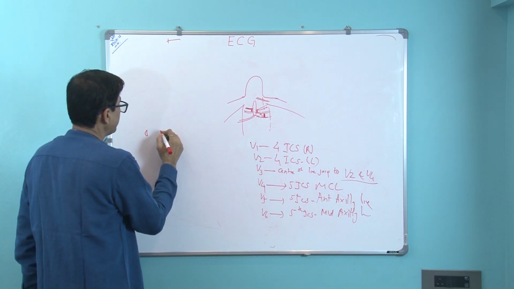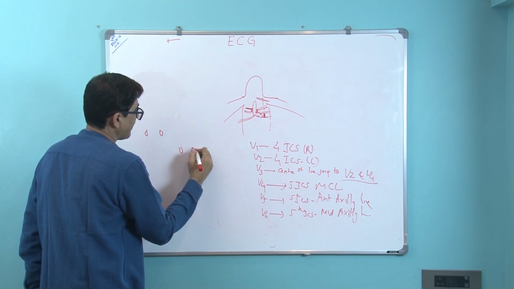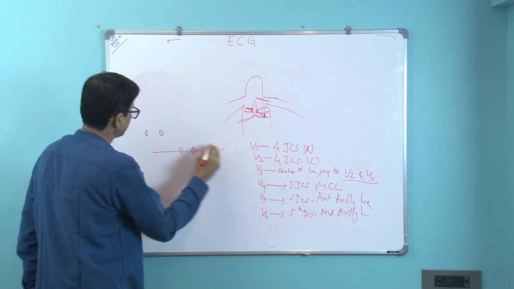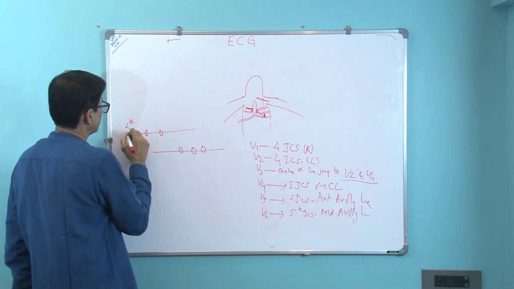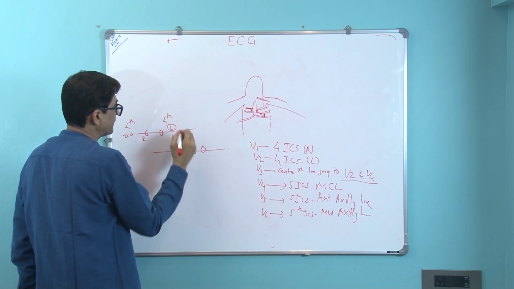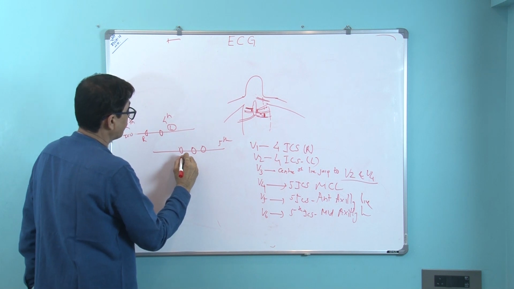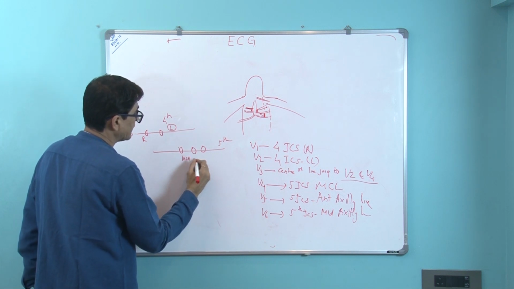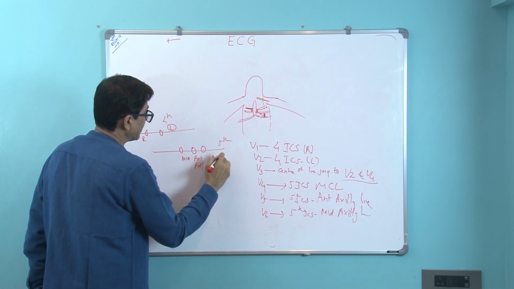So V4, V5, V6 should be in a straight line, because this is the 4th space on the right, this is the 4th space on the left, and this is the 5th space, mid clavicular, anterior axillary line and mid axillary line.